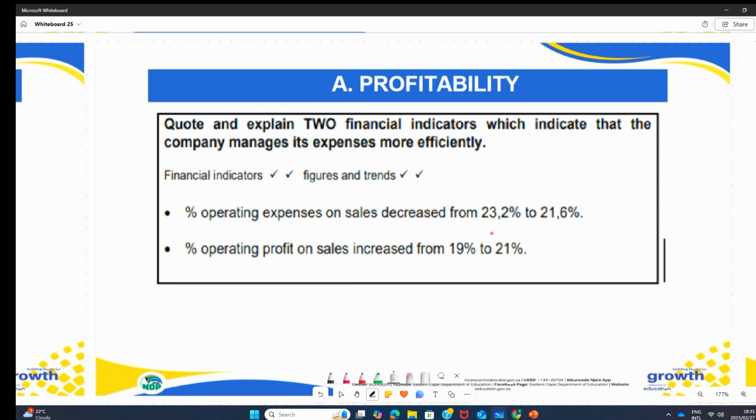Okay. Then we are done with looking at profitability. We are now going to move on to our next financial indicators, which fall part of our category of liquidity. Now, these are also financial indicators that you have looked at in grade 10 as well as in grade 11.